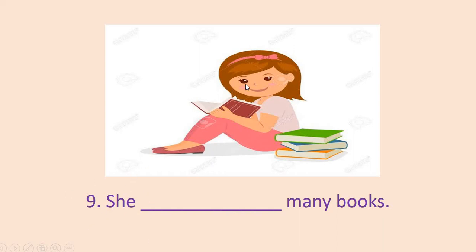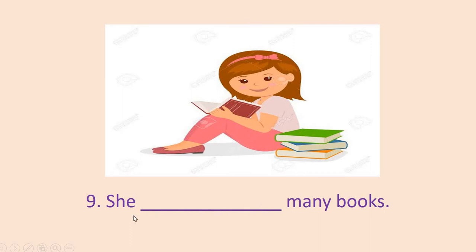Okay, so now sentence number 9. She is means girl. We use she for a girl. We use she for girl. She dash many books. Books are more than 1, no? So many. Many books. She dash many books.